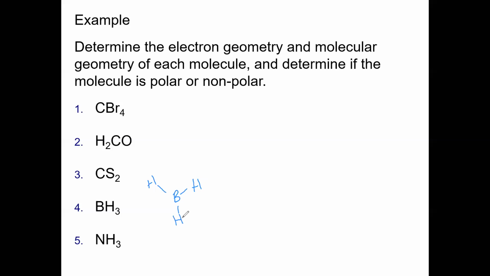And because all of our electron domains are bonds, the molecular geometry is also trigonal planar. So each one of these polarities are going to cancel each other out. So this is a nonpolar molecule.